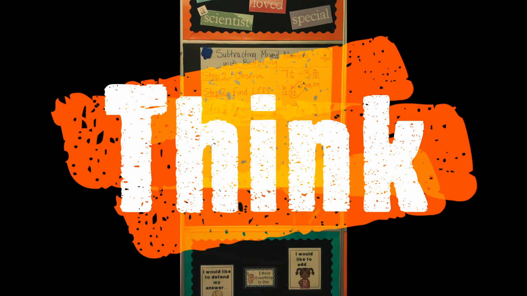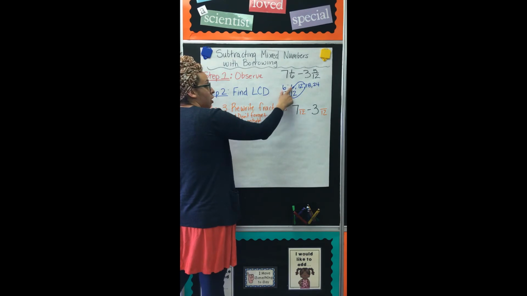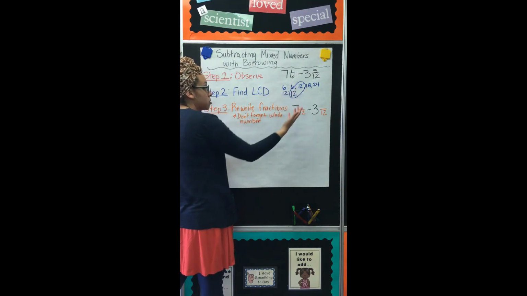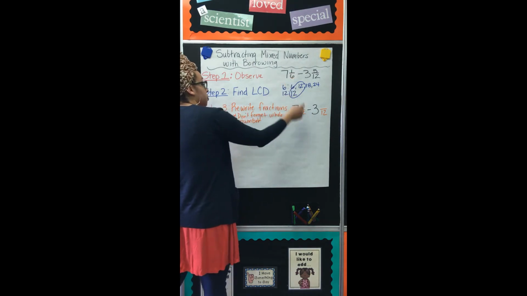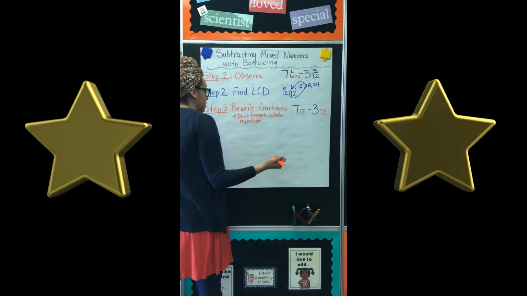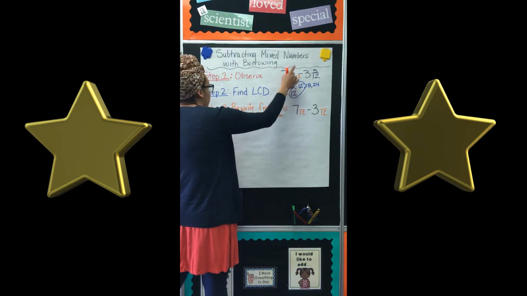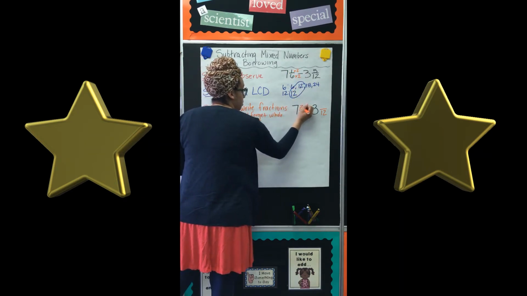So here we have to stop and we have to think. How did we get from 6 to 12? Well, if we did this work right here, we should know that we multiplied it by 2. Also, if we know our multiples of 6, it becomes a lot easier for us. So we know that 6 times 2 equals 12. Well, one of our golden rules of fractions is whatever we do to the denominator, we have to do to the numerator. 2 times 1 is 2.